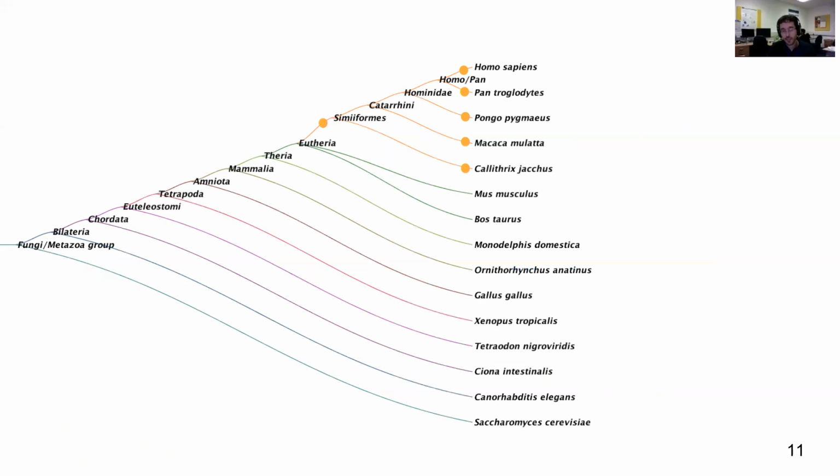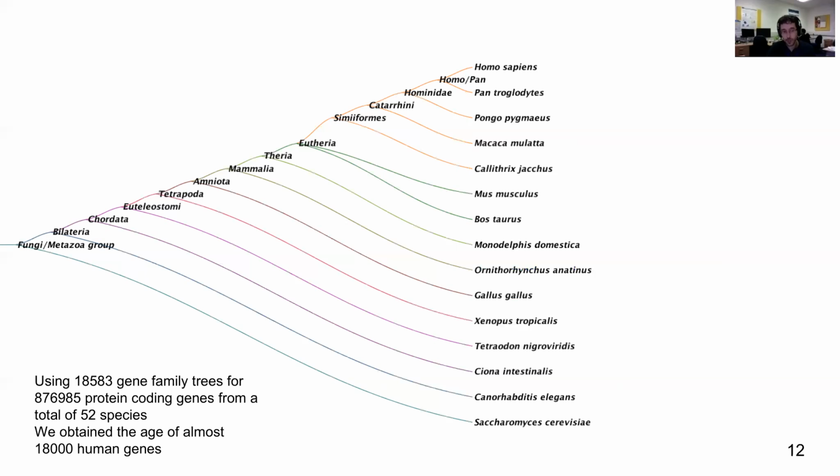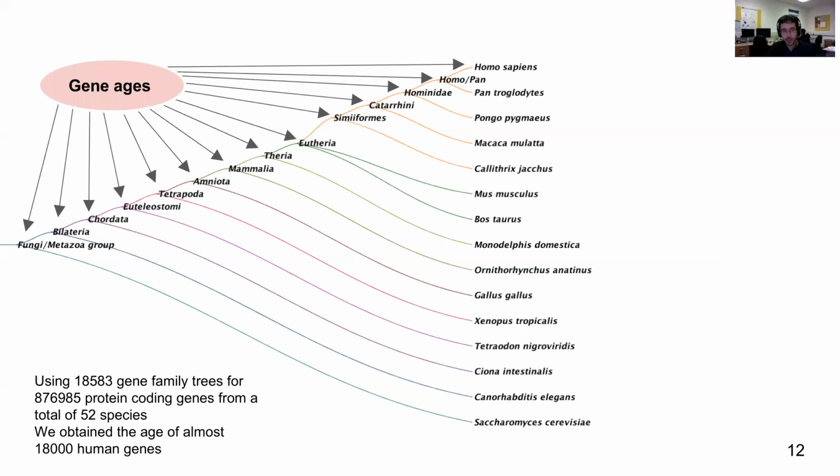Finally, we don't find this gene in mouse and other more distant species. Then we can date the birth event at the ancestor of primates, the simiiformes ancestor, and that would be the gene age. So we have done this for more than 18,000 human genes. We were able to date them using the gene family trees from Ensembl Compara, and these would be the different gene ages that we were able to group the genes into.